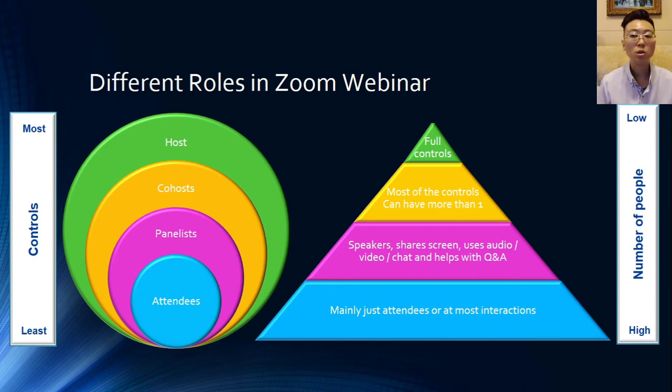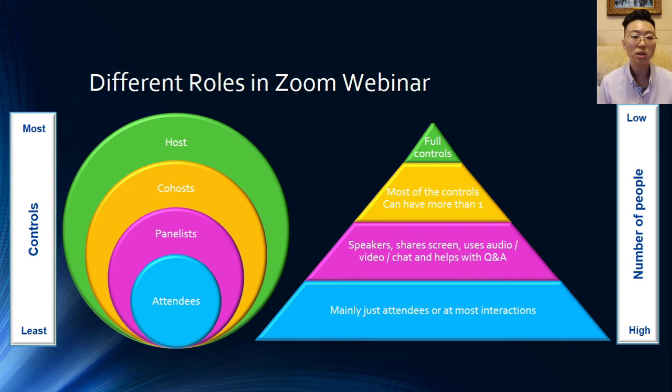They would also be helping with the chat and the Q&A. And of course, if we're doing multiple languages, the interpreters, who are basically the most important people, would also be panelists.